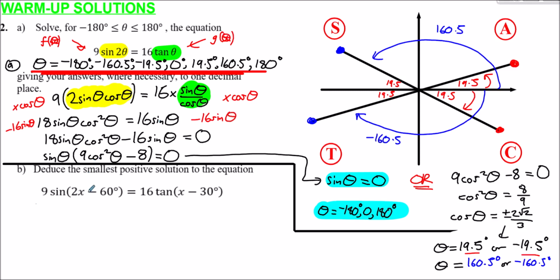This here, 2x minus 60, and especially here it's easy to see, this is a function of g, theta minus 30, or x minus 30 now it's saying. So what's happening is every entrance of theta has been replaced by x minus 30.